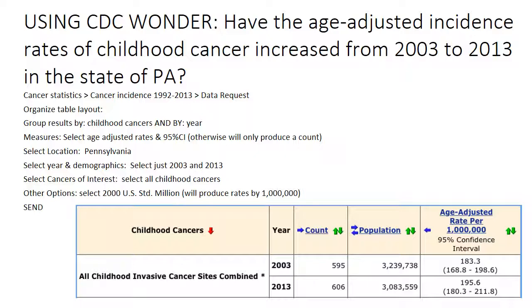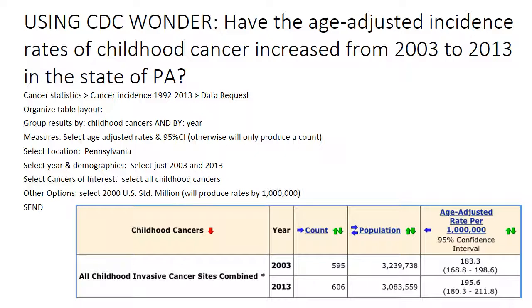Once we put all of those specifications in, we can send it, and it will produce a table. There's more information on the table than I have shown here, but this is the only information that we need to use to answer this question. So what we can see is that in 2003, the all childhood cancer age-adjusted rate was 183.3 per 100,000 or per 1 million individuals.